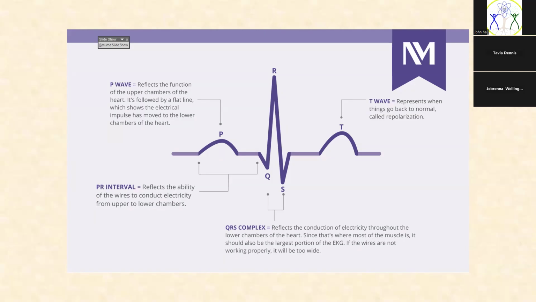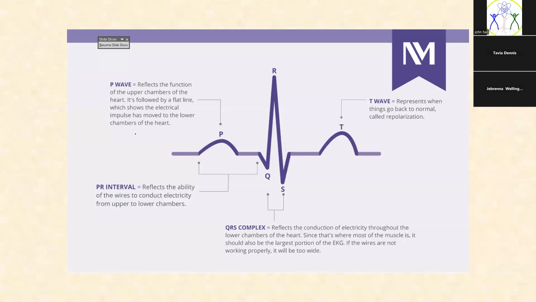The shape of the line tells us what parts of the heart are depolarizing at any given time, and whether or not the depolarization is normal or abnormal in length or intensity or anything like that, right? So what I'm looking at here is one heart contraction and the electrical activity associated with it. So this line is looking at the change in voltage in the heart muscle over time, okay?